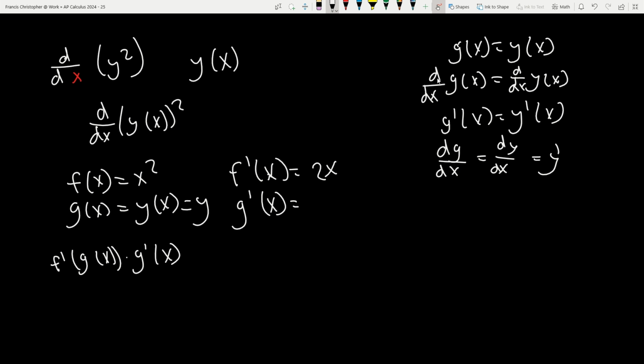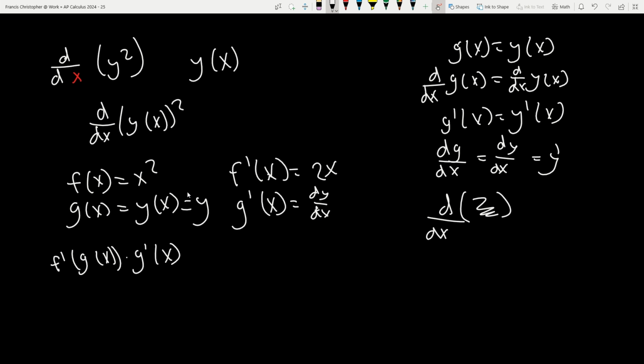But notice here, we're kind of multiplying this, like dg dx, dy dx, because remember this operator, the change in something over the change in x. This is the change in g over the change in x. This is the change in y over the change in x. Let me fill in this table, and let's just see what we get with chain rule.